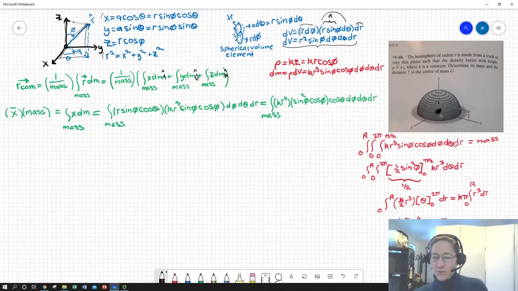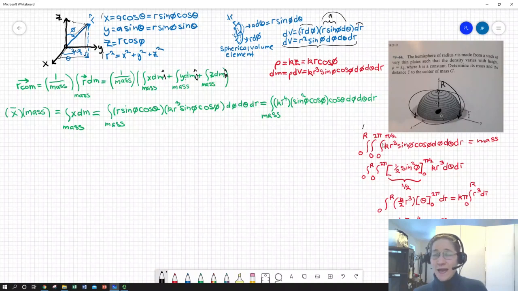But we'll just walk through something that we need to know ahead of time, which is our total mass. So coming over to this little sidebar, we're going to integrate our r from the center all the way out to the actual radius of the hemisphere, and I'm calling that big R here. I'm going to integrate theta all the way around, and I'm going to integrate phi from 0 to pi over 2, and that should give me the whole hemisphere.